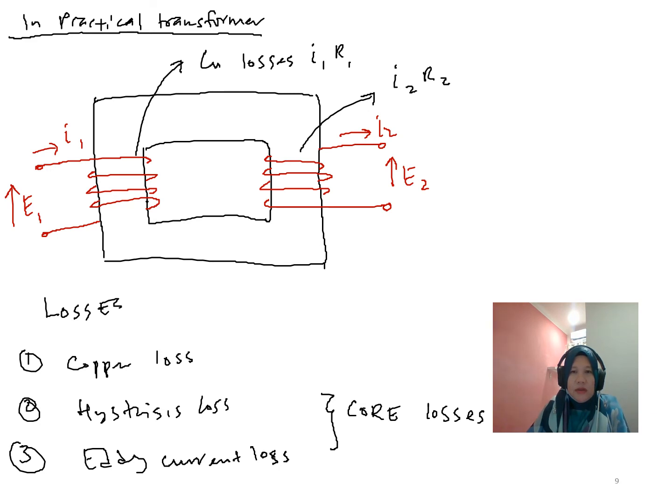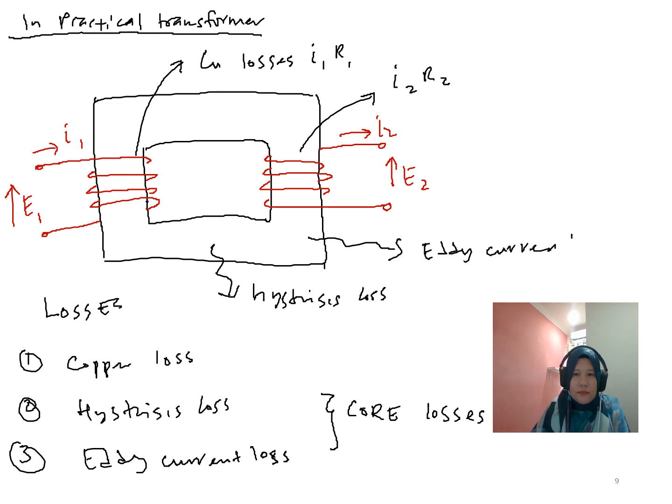So this is called the copper loss. Then the hysteresis loss occurs at the core, similar to the eddy current loss. So these two are the core loss.